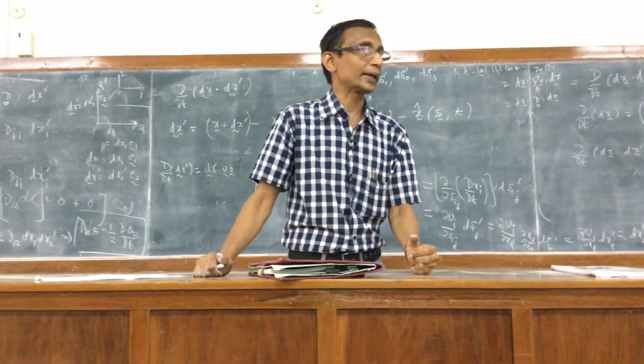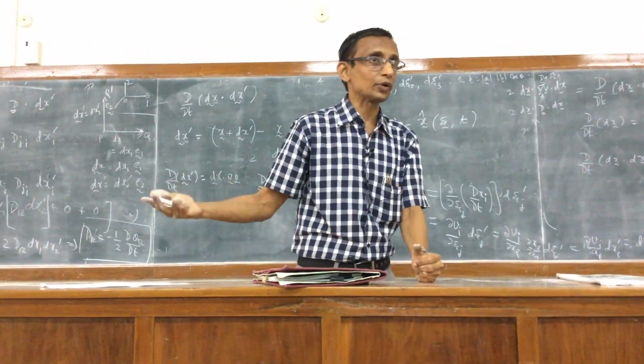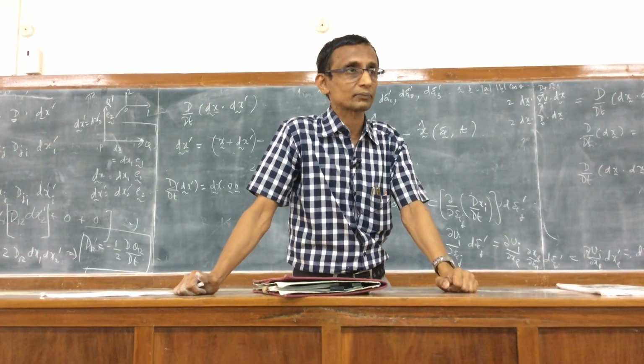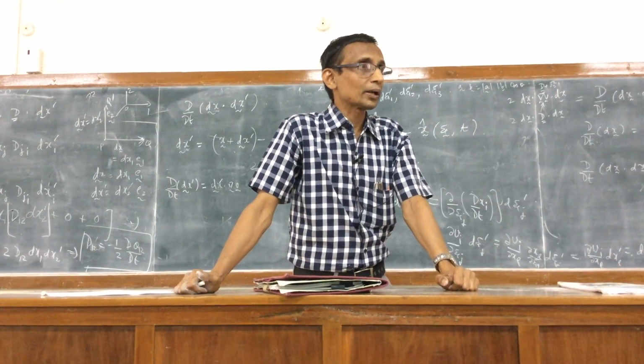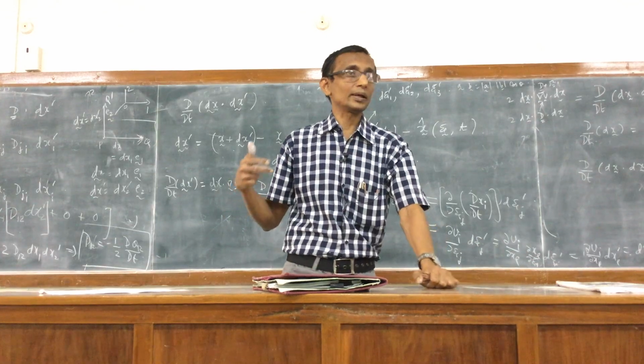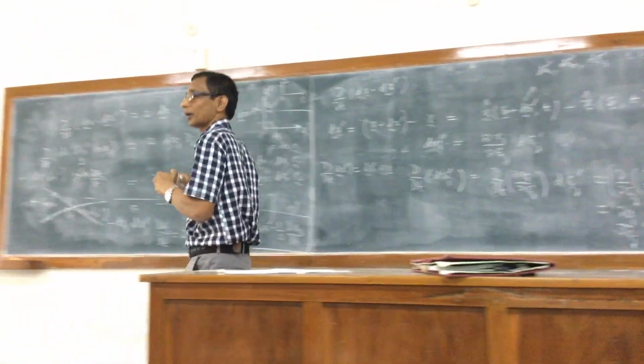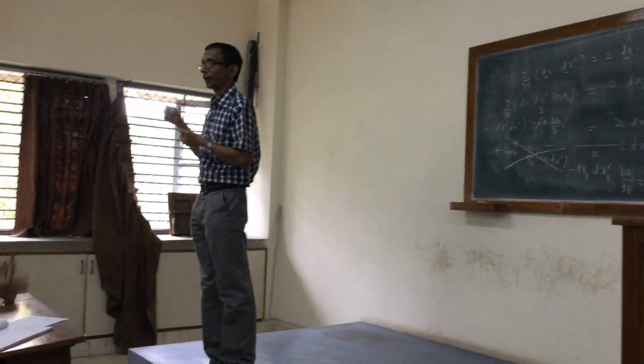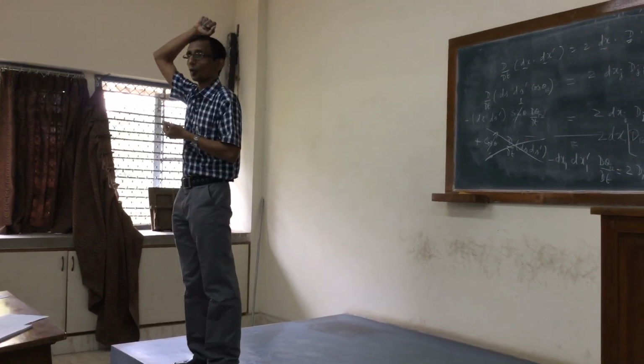So you can easily guess, because d12 is equal to d21, because D is a symmetric tensor. Similarly, to consider d13, I only have to consider two elements. One is oriented along the e1 direction, the other along the e3 direction.